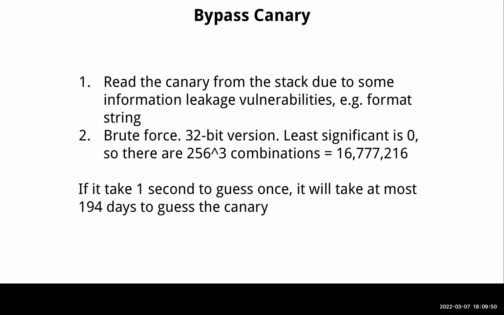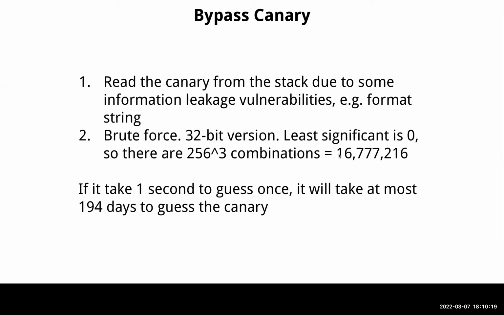Let's say the 32-bit version. We basically will have the same thing as 2 to the power of 24, right? We know the last byte is 0, but we are still going to guess 60 million times.